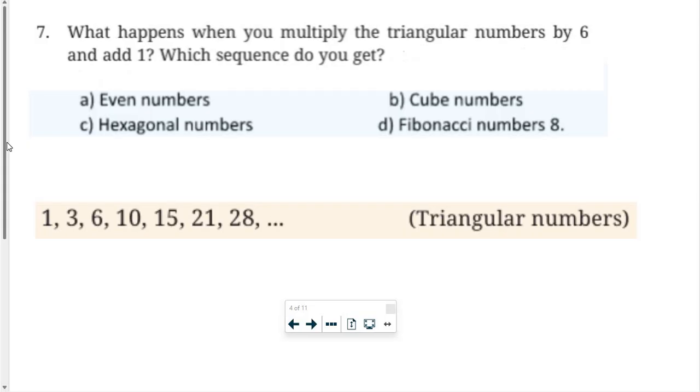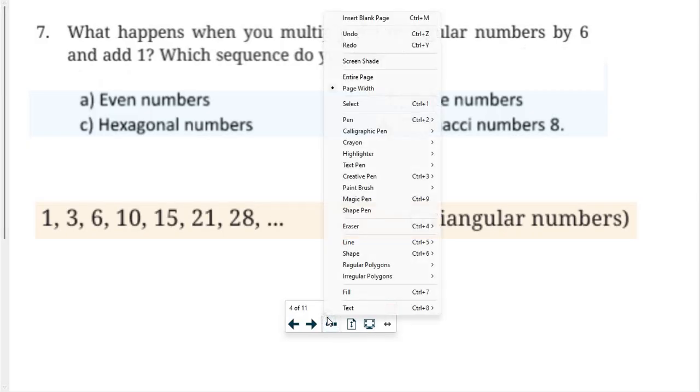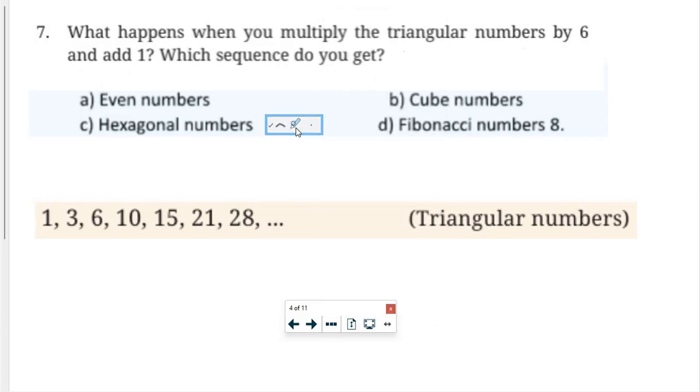Which sequence do you get? And they can ask you to explain these steps of multiplying the triangular number by 6 and adding 1. Which sequence do you get? And can you use a picture or a pictorial representation? I repeat.